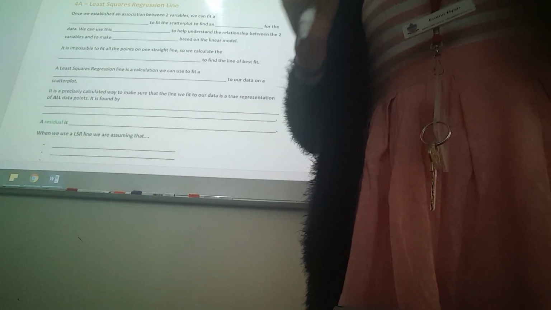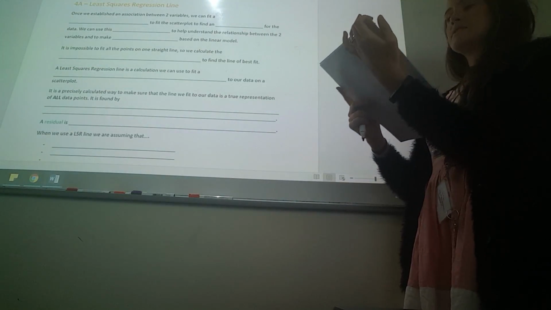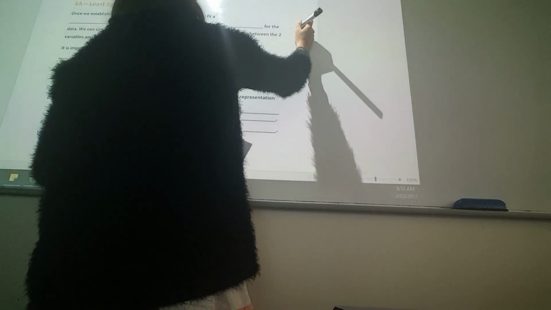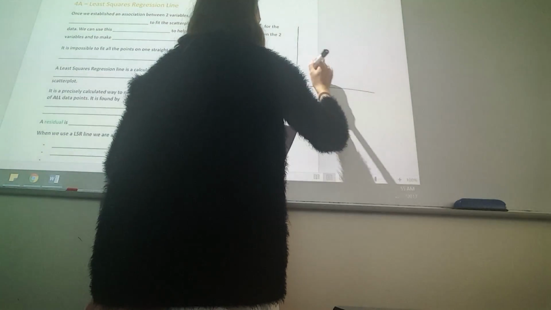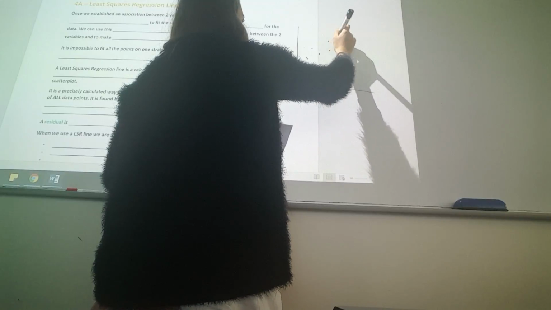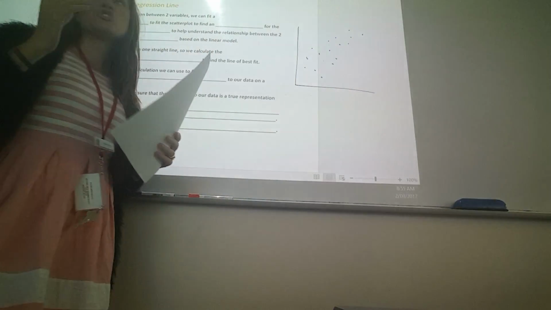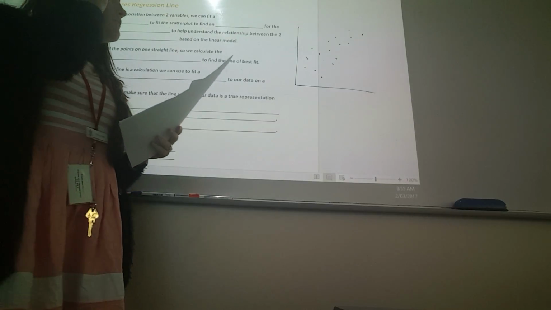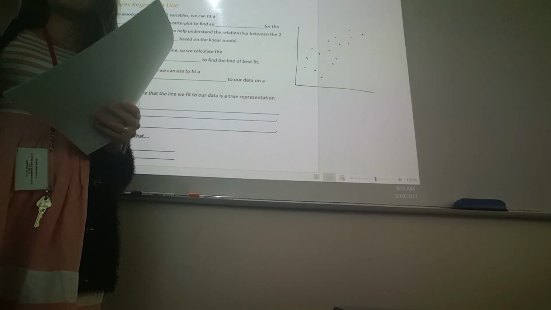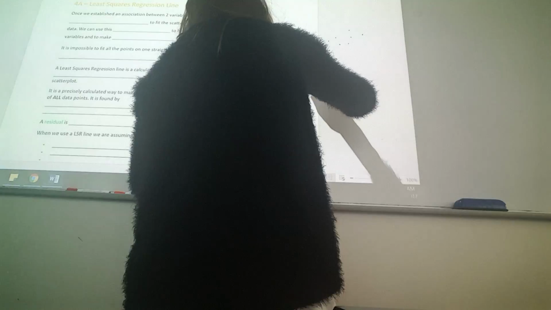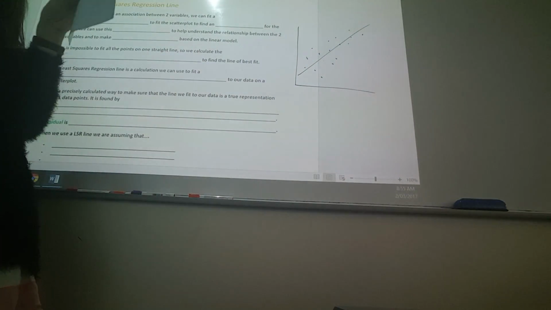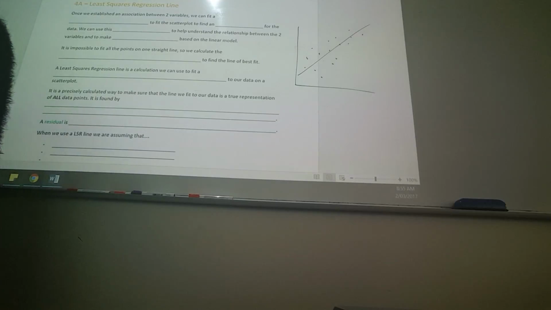Regression. A regression line is pretty much a line of best fit. So if we have a scatter plot, we're trying to fit a line that goes through not the most points, but a line that represents the data. So it's got the same trend as the data, and about the same amount of points on both sides of the line.